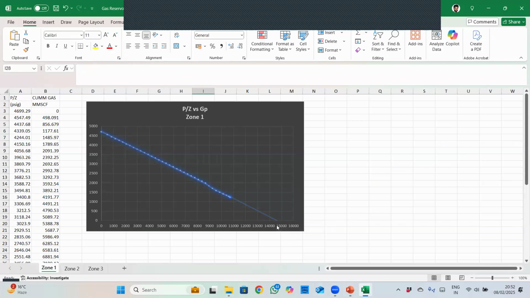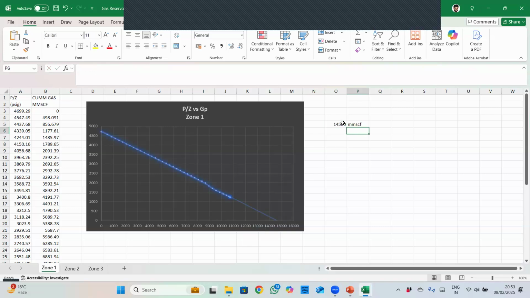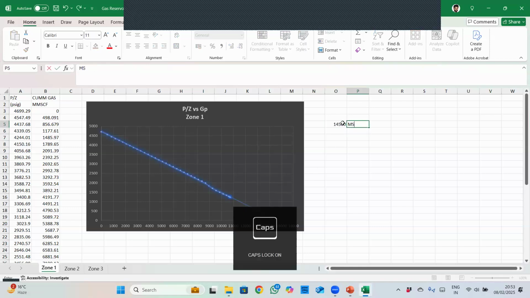This in-place gas is somewhat close to 14,000 to 15,000 MMSCF. So if I take a mid value, maybe 14.5, so 14,500 MMSCF is my in-place gas in this gas reservoir.